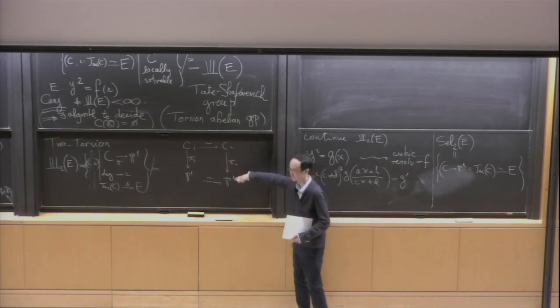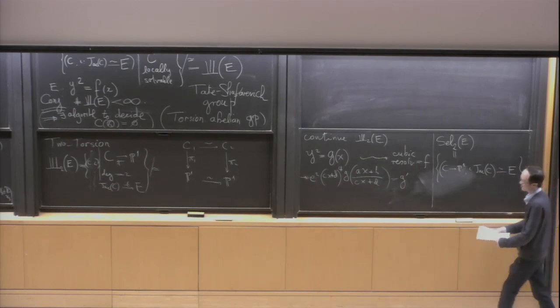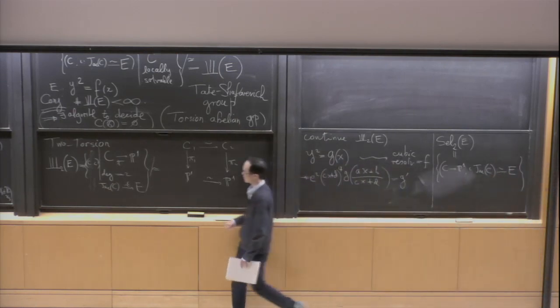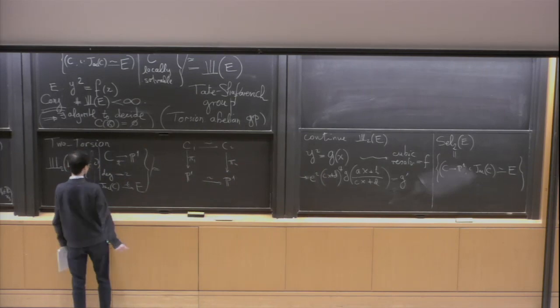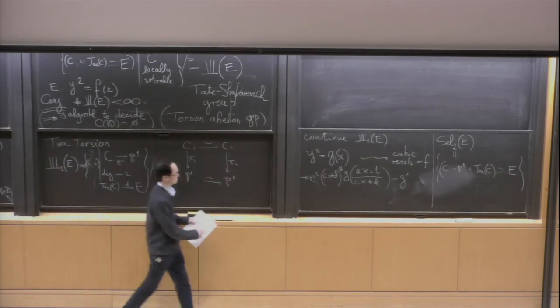So I should have defined the equivalence relation for the two Selmer group rather than for the SHA. For SHA, for the Tate-Shafarevich group, I only care about the curve abstractly up to isomorphism, as long as they preserve this map.